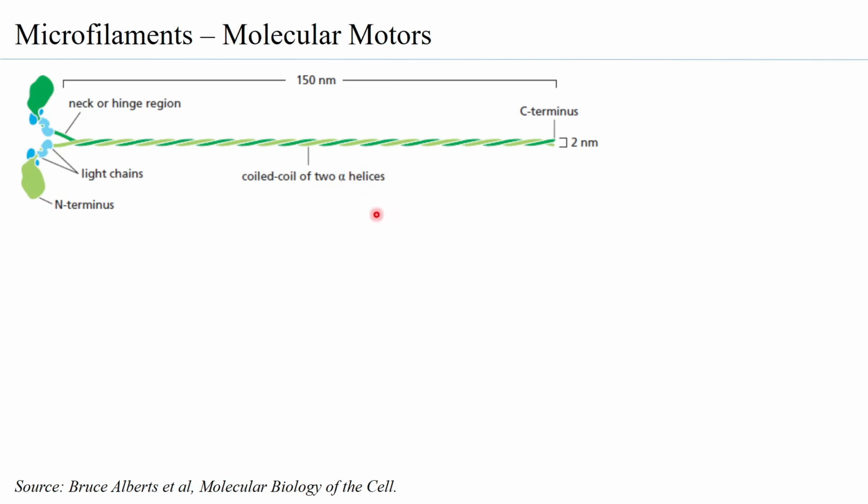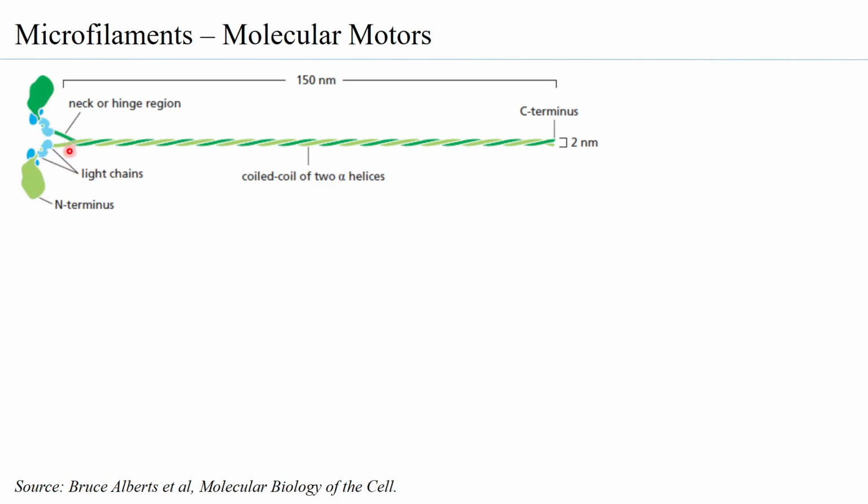There are about 50 different myosins present in different cell types, and these myosins are the molecular motors for actin filaments. Just like dyneins and kinesins are molecular motors for microtubules, myosins are also made up of several polypeptides. You have two heavy polypeptides forming a coiled alpha helix structure with two globular heads, and it is these two globular heads that have the motor activity, that is, the ATPase activity.